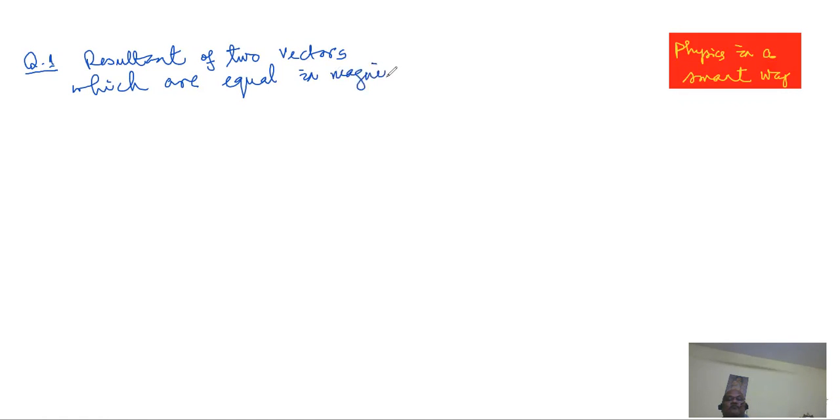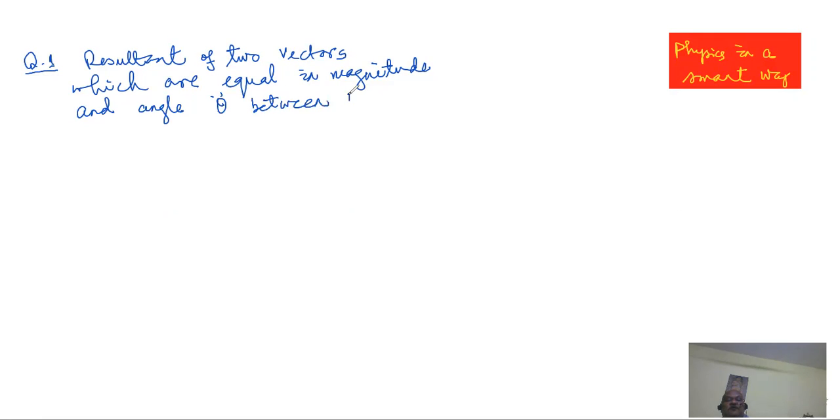Resultant of two vectors which are equal in magnitude and angle theta between them.